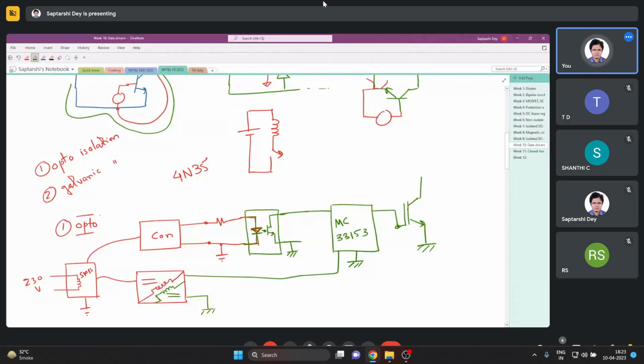So if you are going to use an optocoupler, you also must have an isolated DC-DC converter somewhere, or a power source whose ground is not the same as the controller ground, otherwise whatever isolation you got, you will lose.